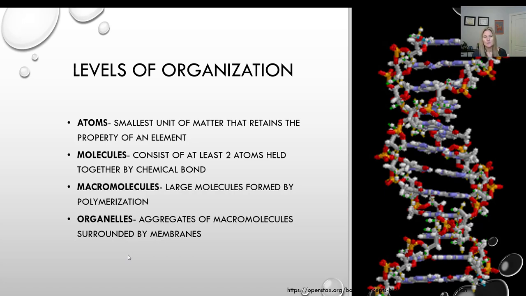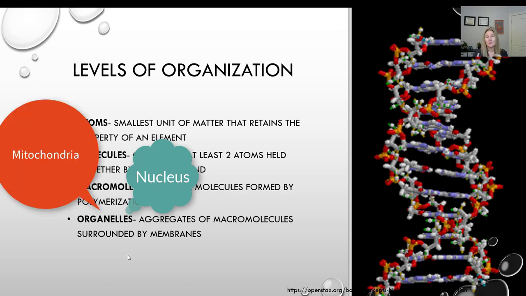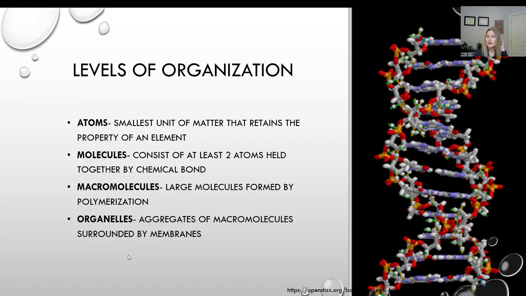For example, we might see a nucleus that houses the DNA, or mitochondria that are the powerhouses of the cell that process chemical energy and convert that energy into a usable source, ATP. So organelles are basically aggregates of macromolecules surrounded by a membrane. And we'll further talk about the different organelles in chapter 3 when we get into cell structure and function. Okay.